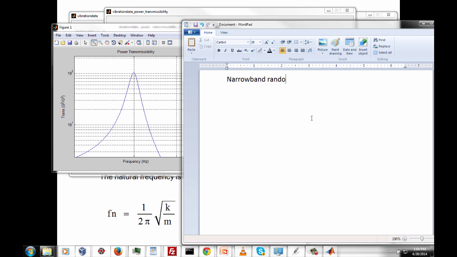So it turns out for the special case, now again this is a special case, we have a single degree of freedom system, and it is driven at its natural frequency. So this is a resonance case. So we've got a single degree of freedom system, spring mass system, it's driven at its natural frequency, or you can say resonance.